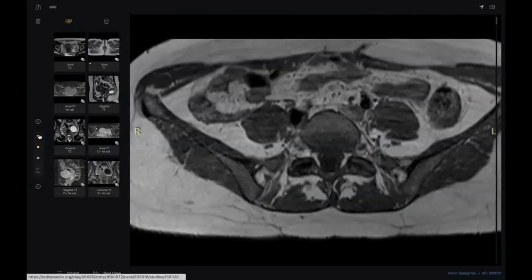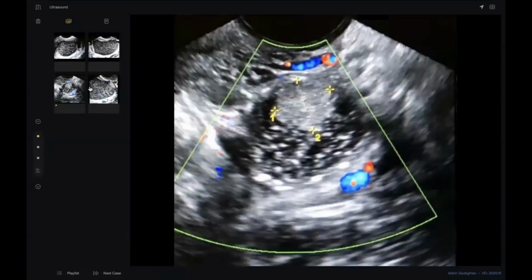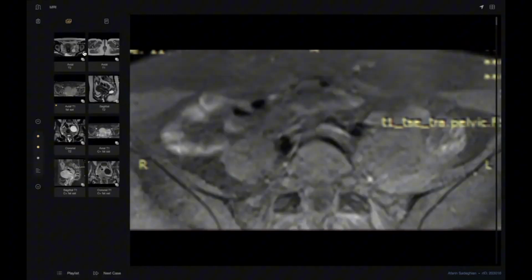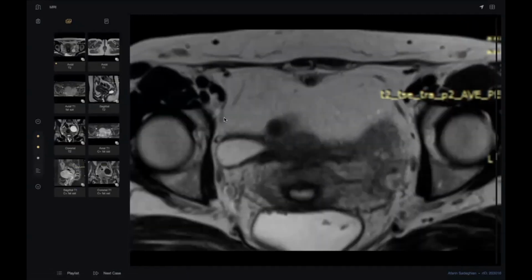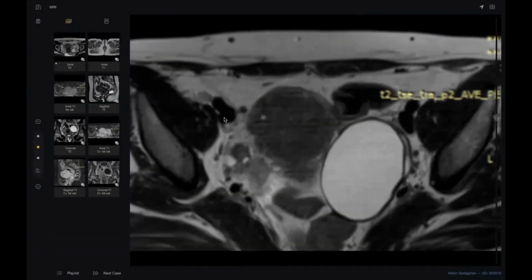Suppose this is an ultrasound related to the MRI. We see the ultrasound, okay? And from the ultrasound, it looks like malignant. Then after we did the MRI, it looks very benign. So the most reliable is the MRI.